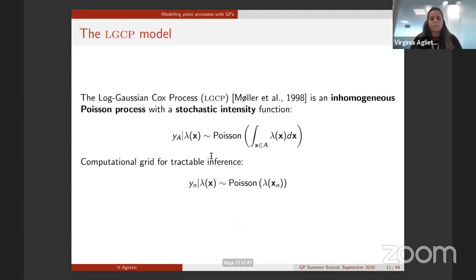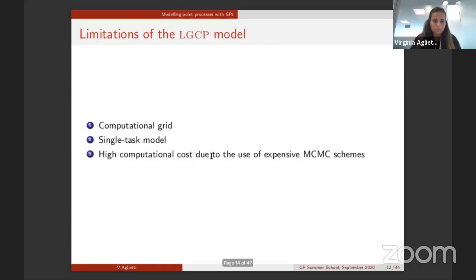So instead of considering an integral of the intensity function, you consider the number of events in a specific cell, Y_n, and you assume it to be Poisson distributed with the intensity function lambda computed at the cell centroid x_n.